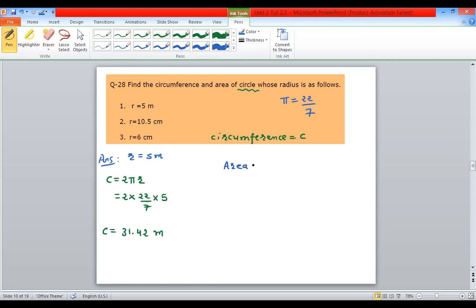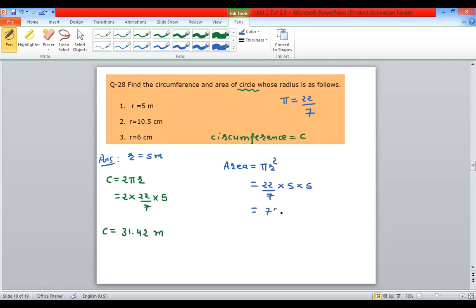Now the area. The area formula for the circle is pi r square. Put the value 22 by 7, and R means 5 into 5. Multiply and divide by 7.